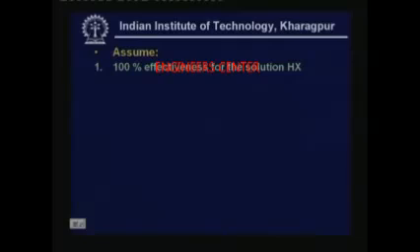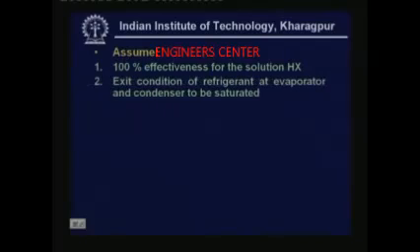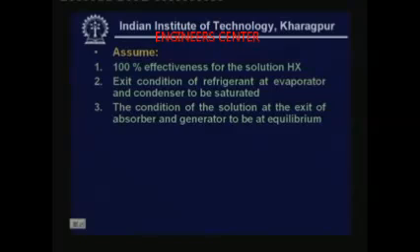And it is also mentioned that we can assume the effectiveness of the solution heat exchanger to be 100%, and the exit condition of the refrigerant at the evaporator and condenser to be saturated. That means you have saturated vapor at the exit of the evaporator and saturated liquid at the exit of the condenser. The third assumption is that the condition of the solution at the exit of the absorber and generator are at equilibrium.